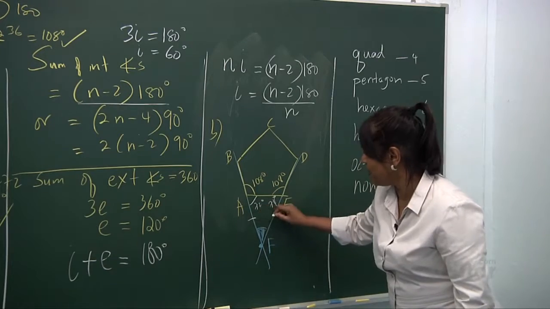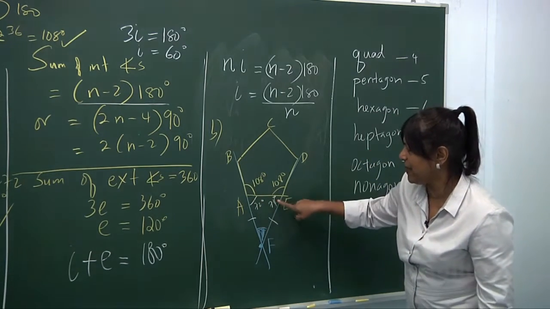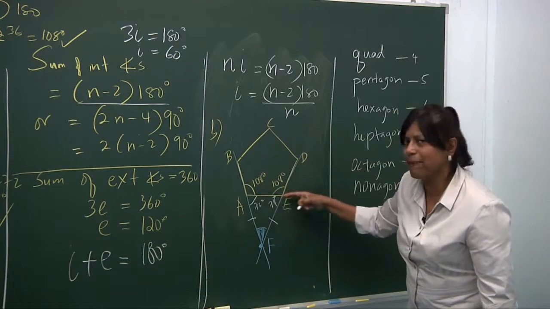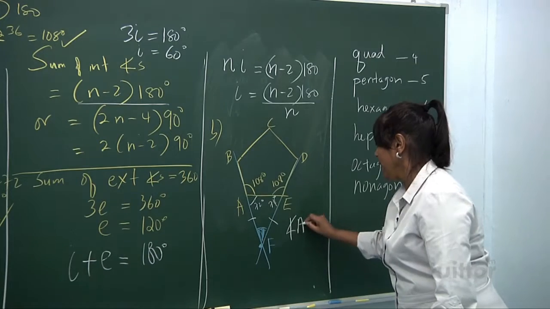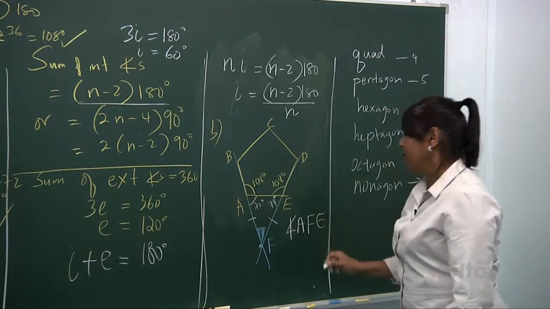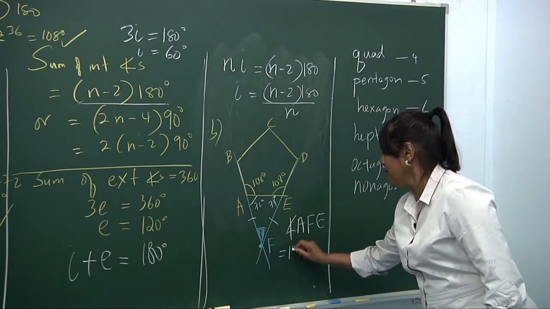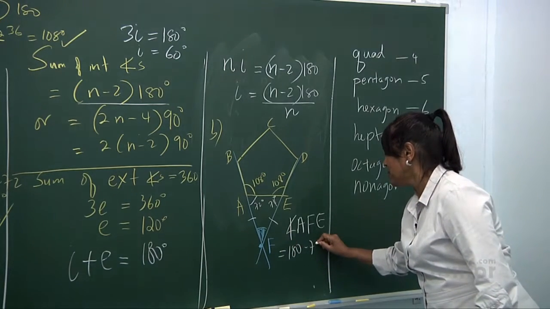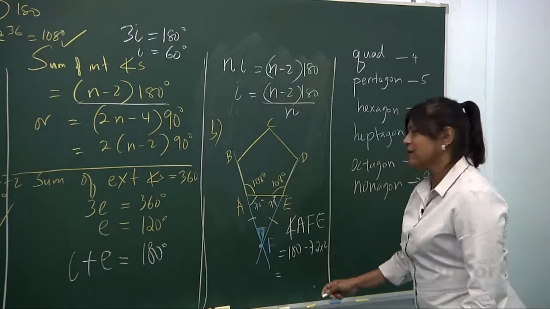You can see at once that this is an isosceles triangle, this exterior angle of this pentagon. So AFE, an angle sum of a triangle is always 180 degrees. So here you get 180 minus 72 times 2, which is 144. So what do you get?